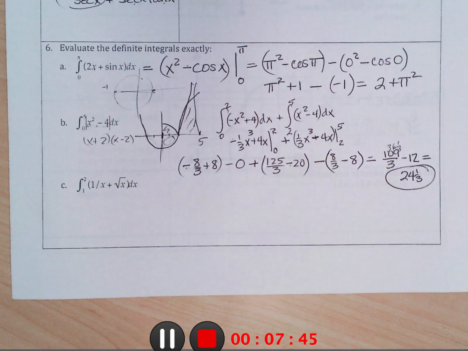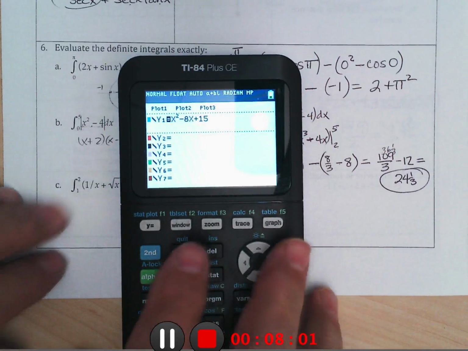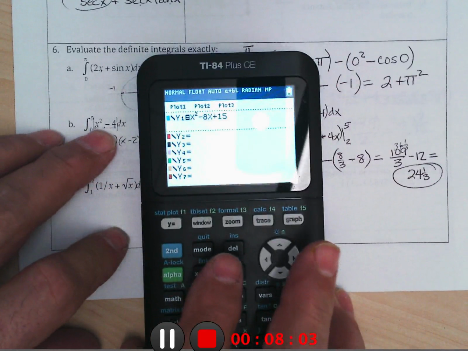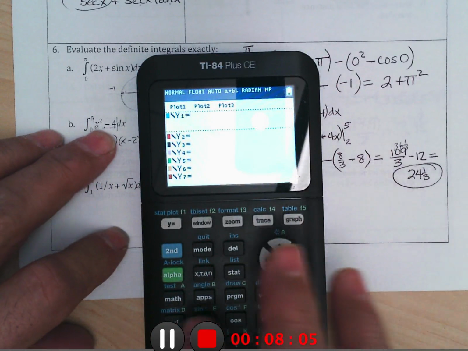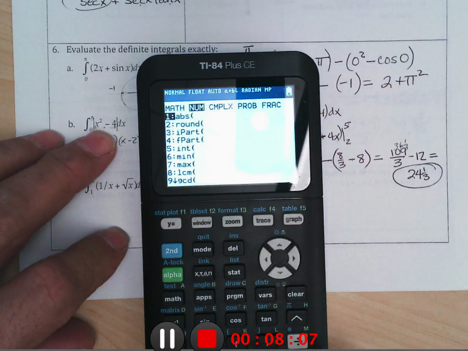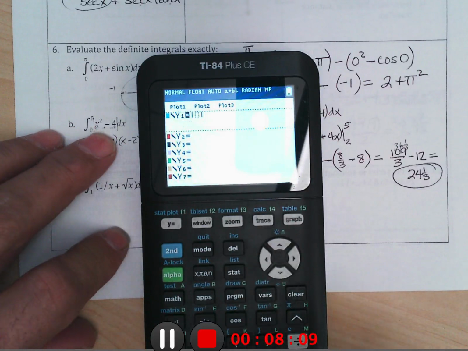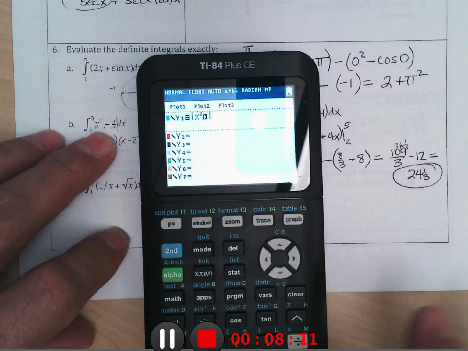Just to be sure, I'm going to check that on my calculator. See that we get that. On, and y equals, and we have the absolute value, math, number, absolute value of x squared minus 4.